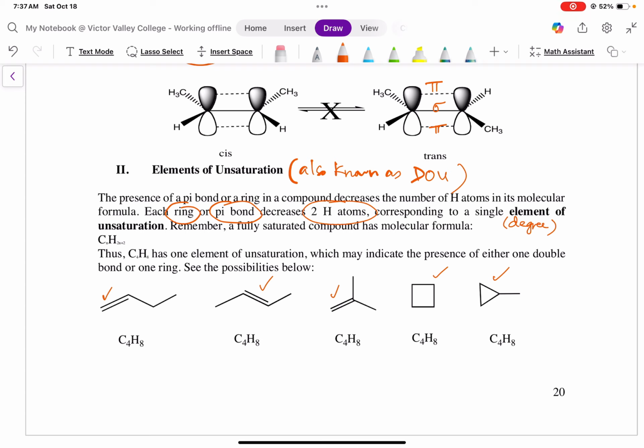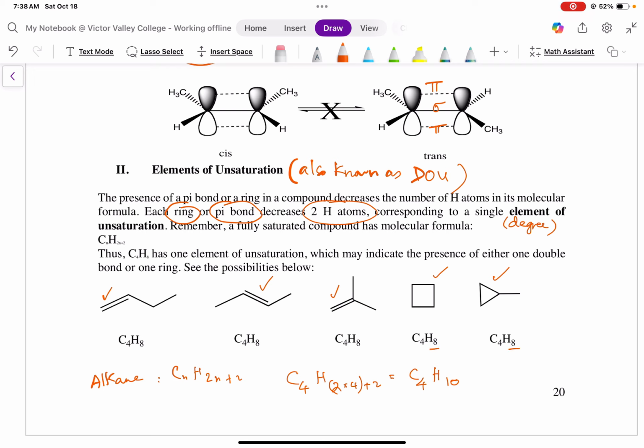If you notice the formula for an alkane, we're not talking about cyclic, just a straight alkane, it's CnH2n+2. So if you have C4, it will be H of 2 times 4 plus 2, so we would have 10 hydrogens.